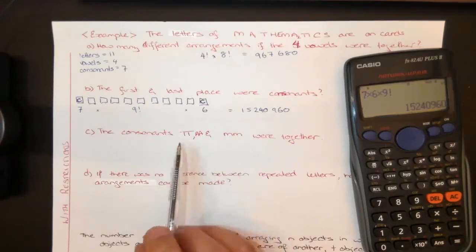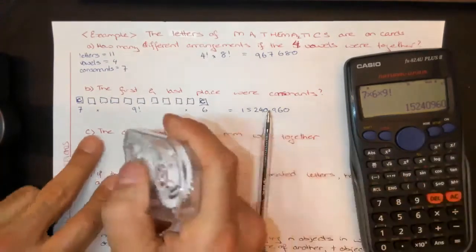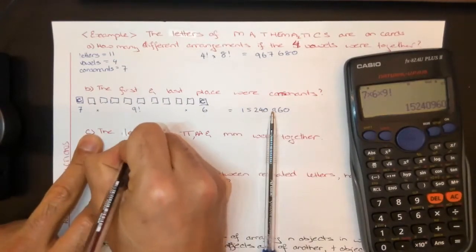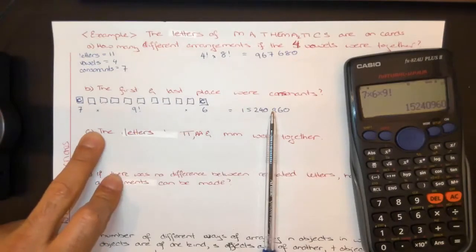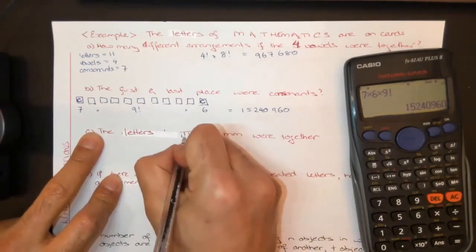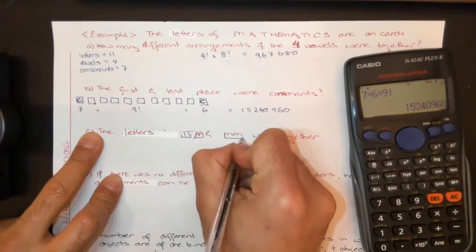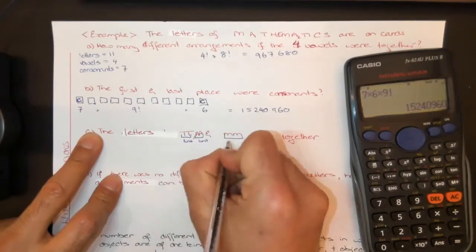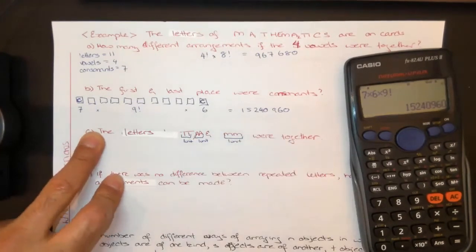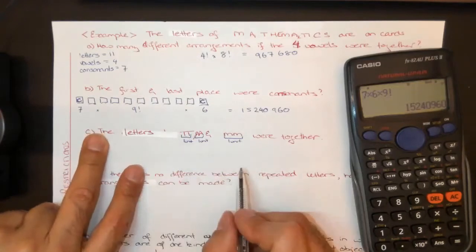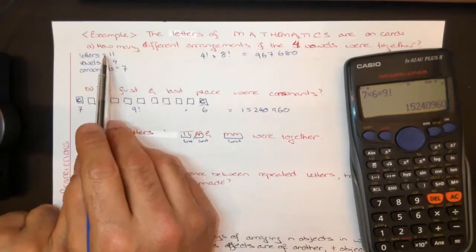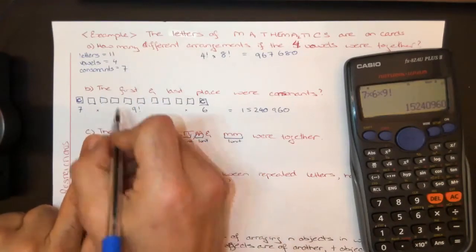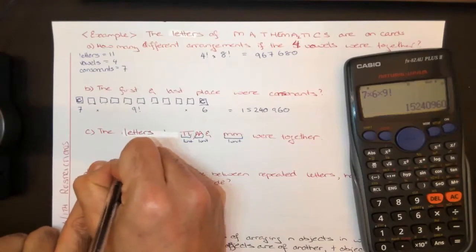Okay. What if the consonants T, T, and M, M, and so the letters TT, AA, and MM were together. Okay, so what we want to do is we want to consider that this and this and this is 1 unit each. Okay. So if I was taking that from, so there's 1, 2, 3, 4, 5, 6 letters taken away, so I should only have 5 other letters that can be arranged in different ways.